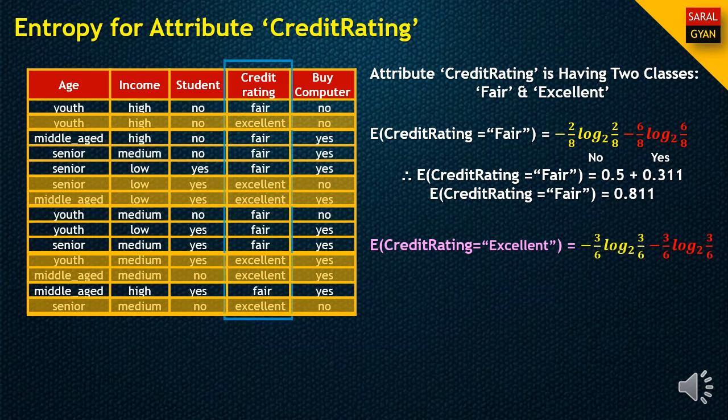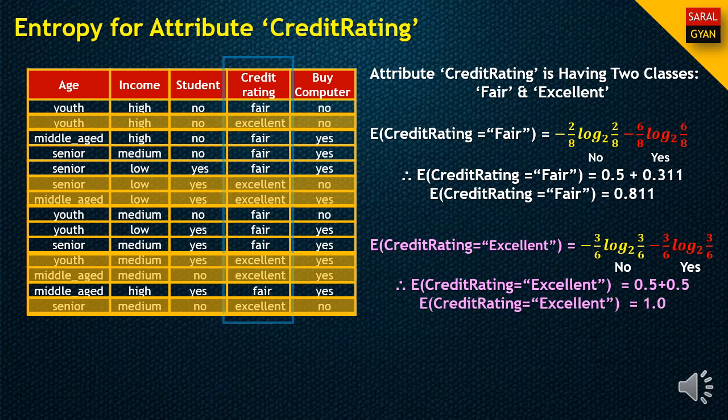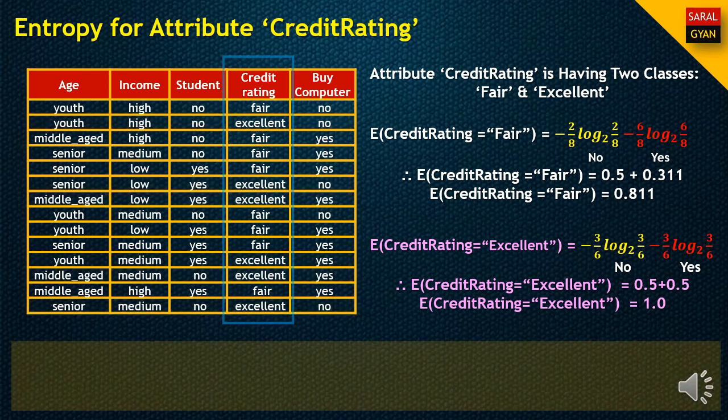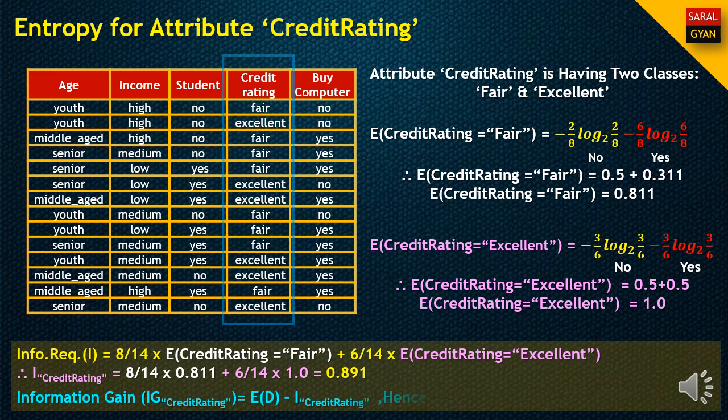Similarly, when credit rating equals excellent, there are 3 no and 3 yes, so 50-50%. So the entropy is maximum, that is 1. So finally we can calculate its information gain, that is 0.05. I hope you are getting how to calculate the information gain for each and every attribute.